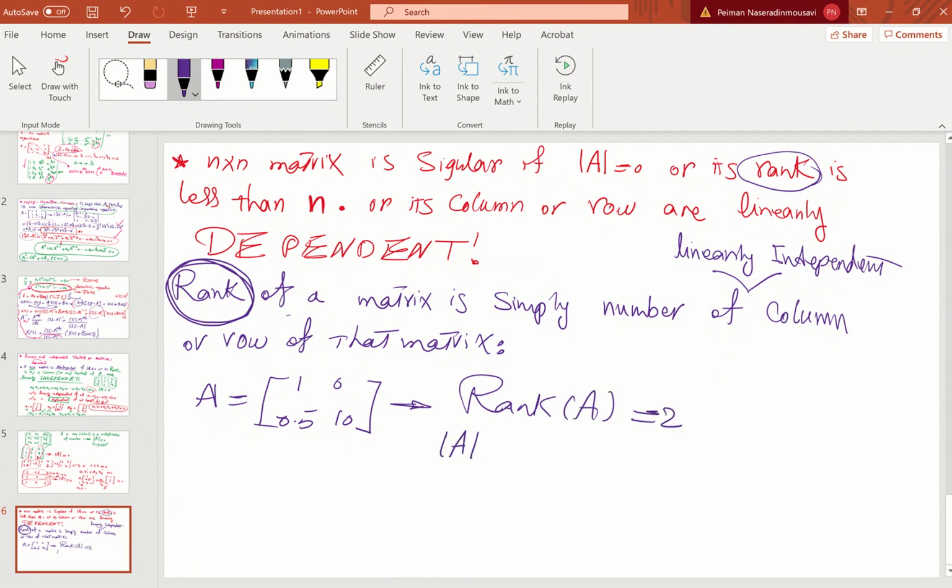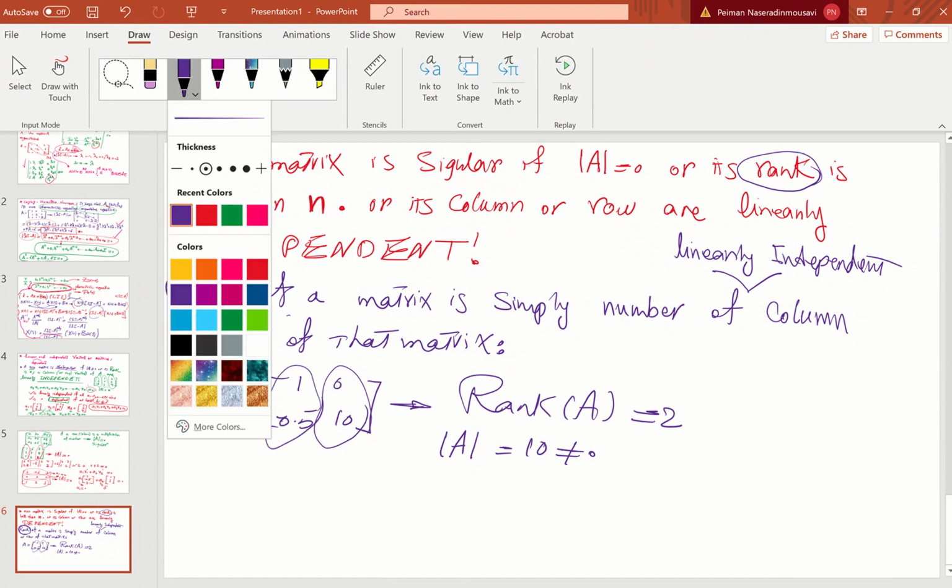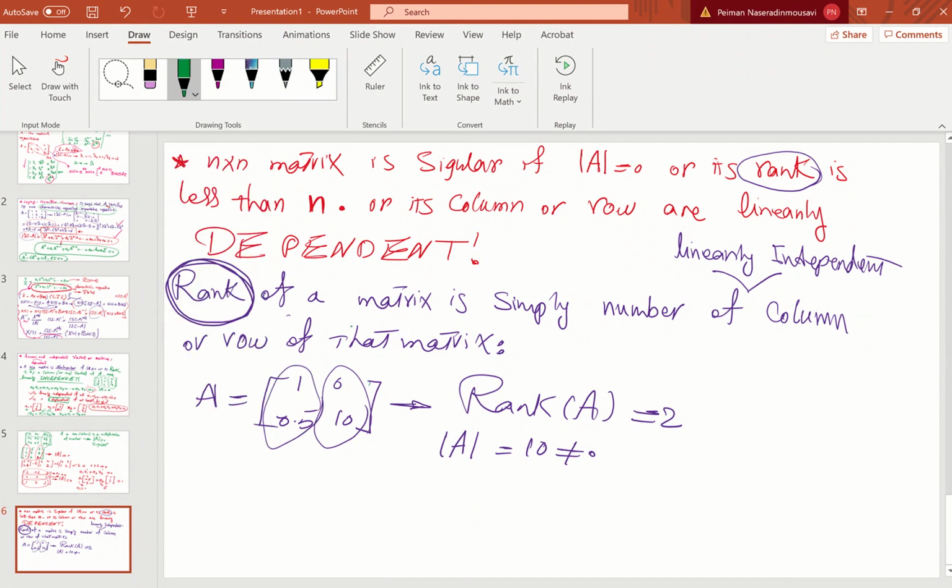Because its determinant is 10, non-zero, and the columns or the rows of this matrix are linearly independent. So you have 2 rows or 2 columns of this matrix that are linearly independent. Actually, for this specific matrix, let me write about the column.